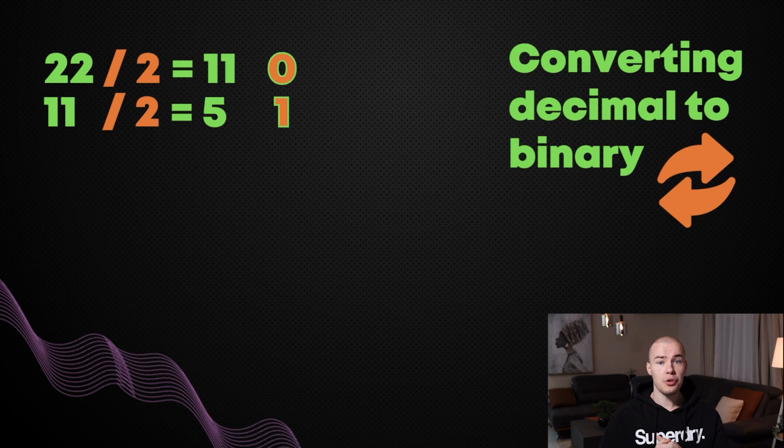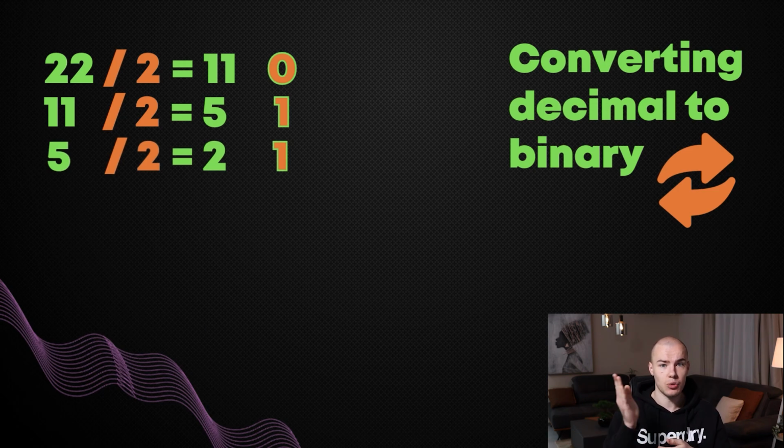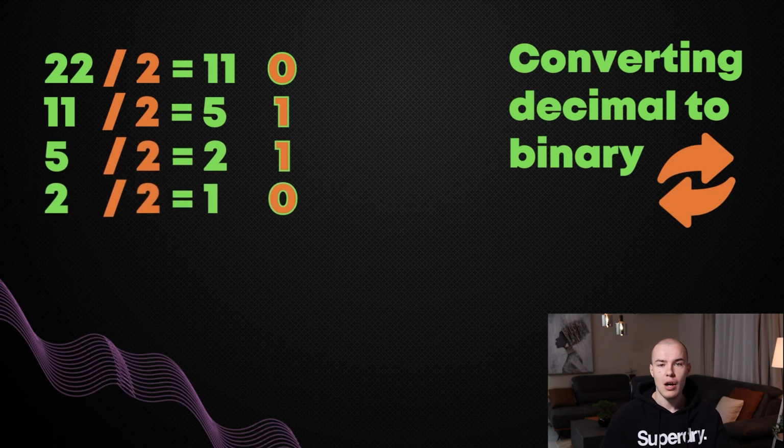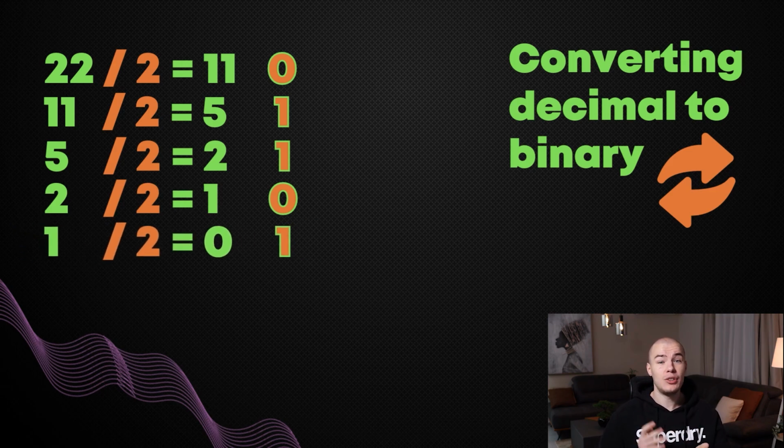After this, we are going to divide the number 5 by 2, and again, the approach here can be to subtract 1, because it's not divisible by 2. After that, we are going to divide 2 by 2, which is a clean divide, there is no remainder, so we write down 0, and the result of that division is going to be 1. And finally, we divide 1 by 2.